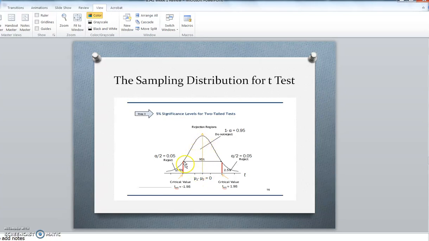However, the chances are that we can have such good luck, we get extreme values, a very strong difference between the samples, even though in fact the two populations have no difference. So that's where the sampling distribution of all possible differences between the sample means we take comes in.